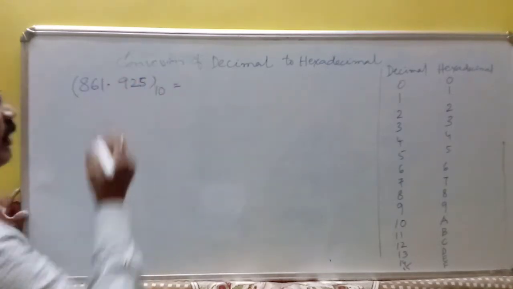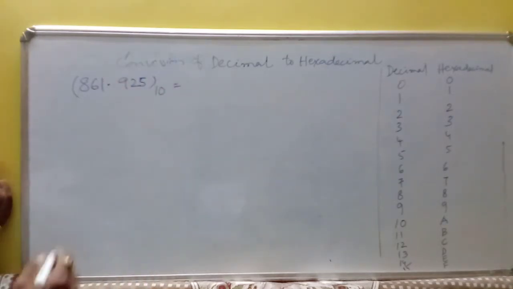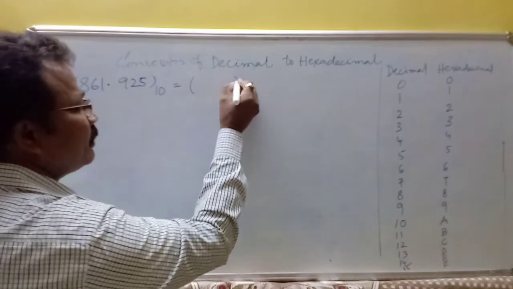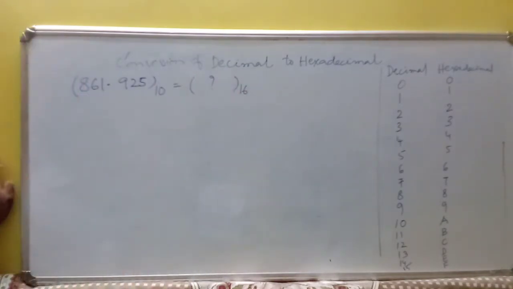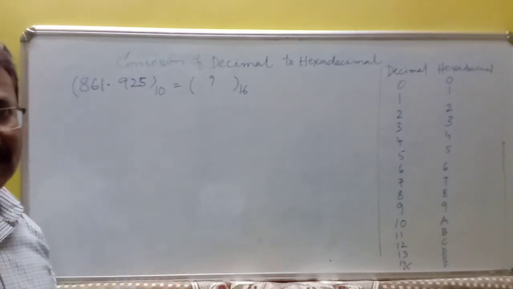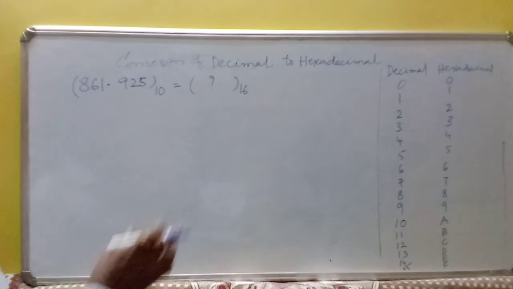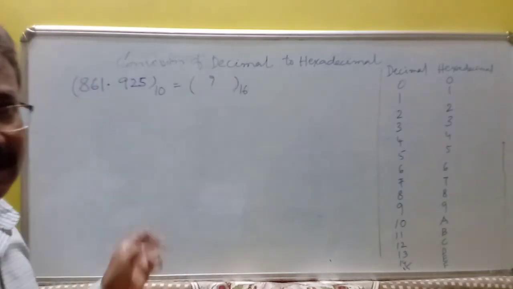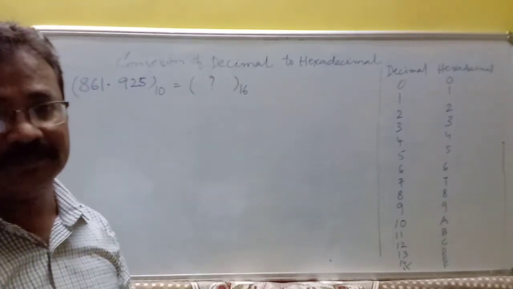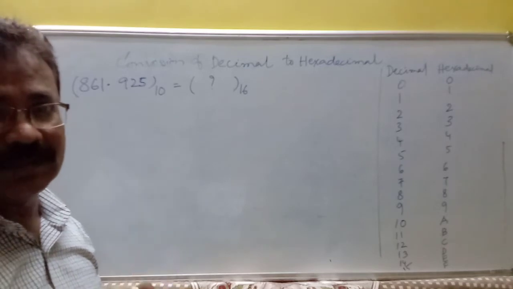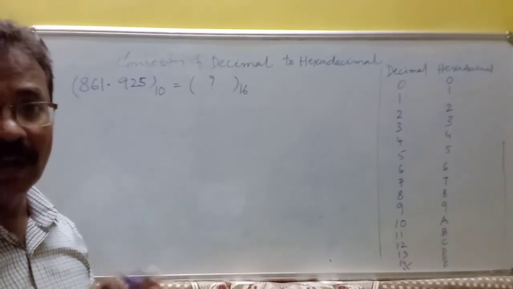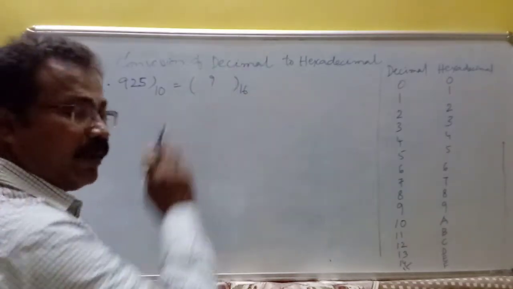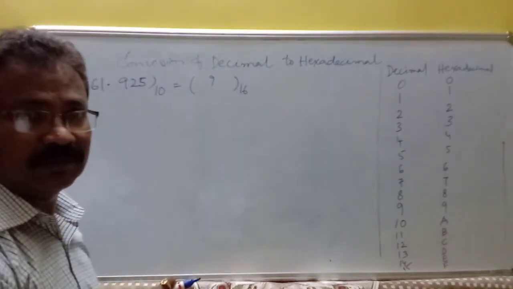That decimal number is to be converted into its equivalent hexadecimal number. This is the same procedure as that of the conversion of decimal to binary and decimal to octal.